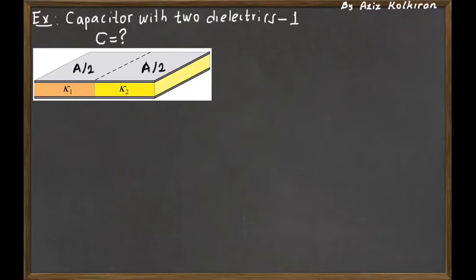And suppose the total area of one of the plates is A, then half of the area has the K1 dielectric between the plates, and the other half has the K2 dielectric between the other half of the plates. Suppose the thickness of each dielectric is D, they are equal to each other, and we apply a potential difference between these two plates.